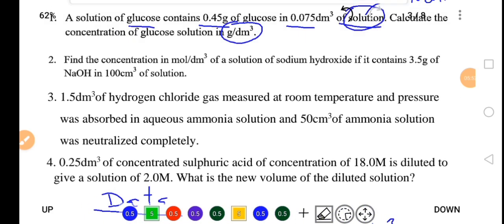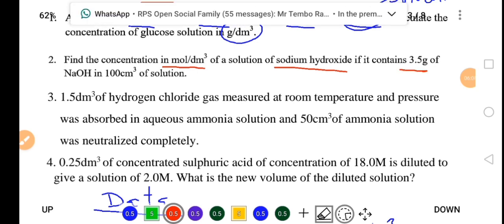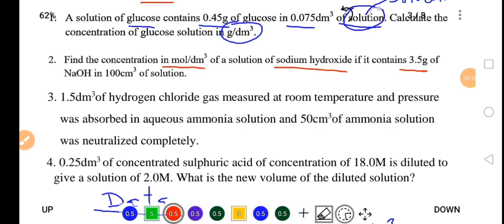The question is saying, find the concentration in mole per decimeter cubic of a solution of sodium hydroxide if it contains 3.5 grams of sodium hydroxide in 100 of the solution.